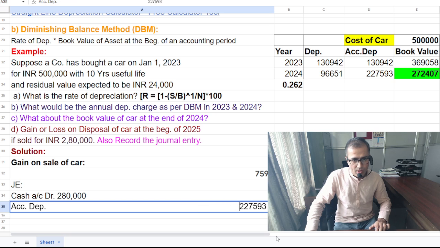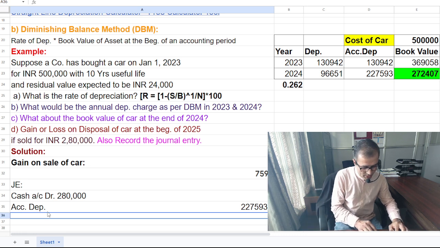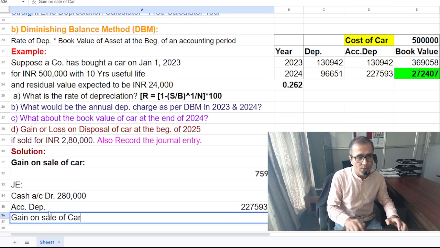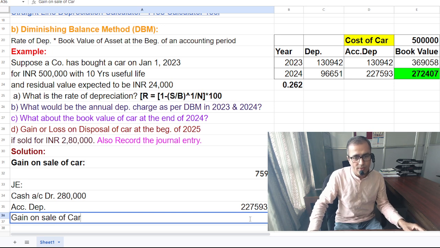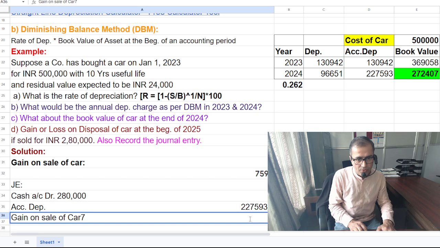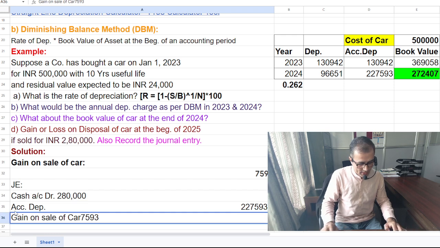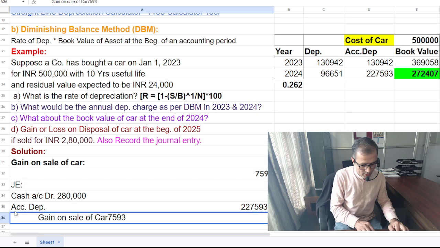Now, we have a gain here, by the way. Gain of how much? Gain on sale of car, at disposal of car, we have a gain of 7,593.